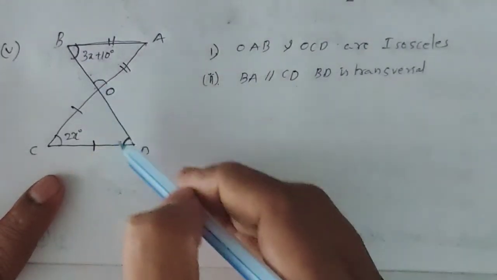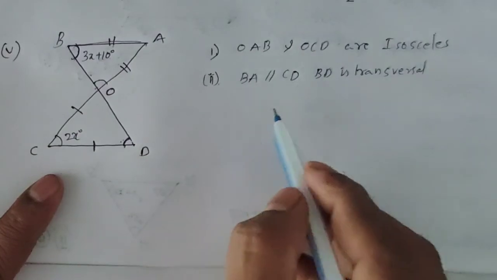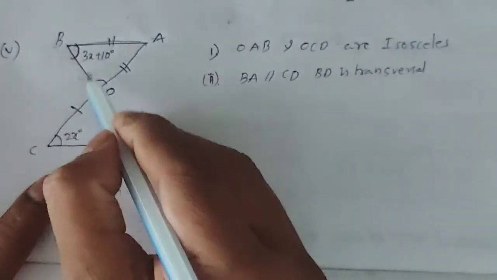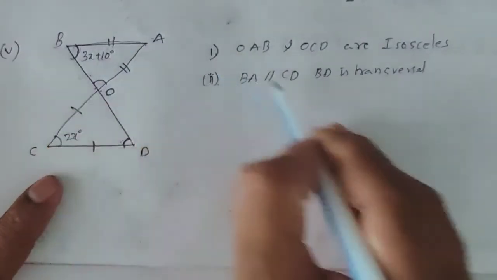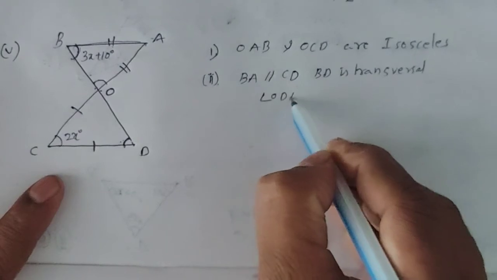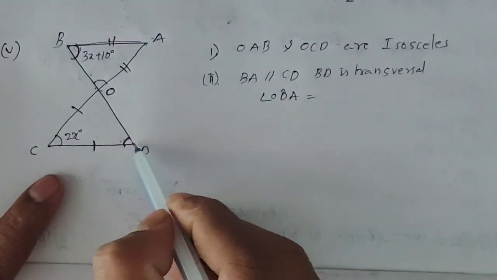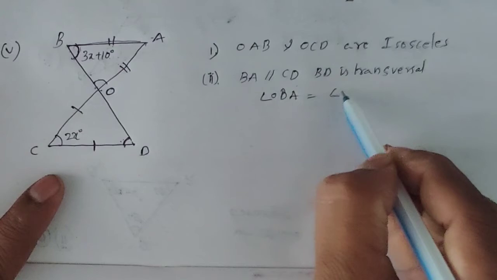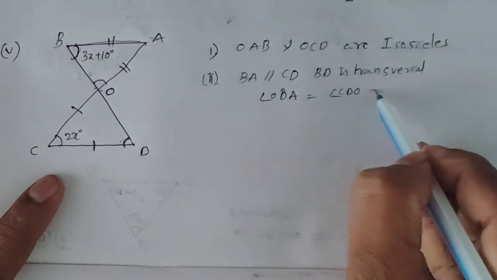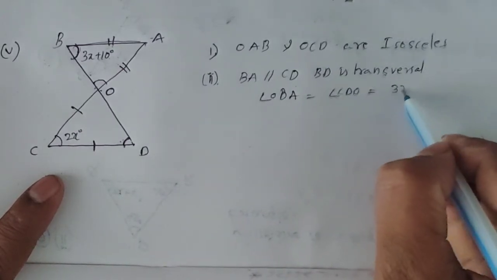You know that corresponding angles are equal to each other. So angle OBA is equal to angle CDO. These two angles are equal, and that equals 3x plus 10 degrees.